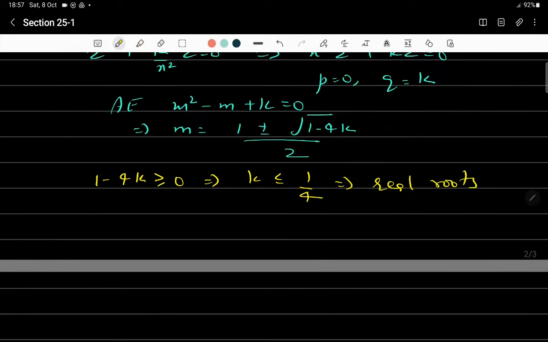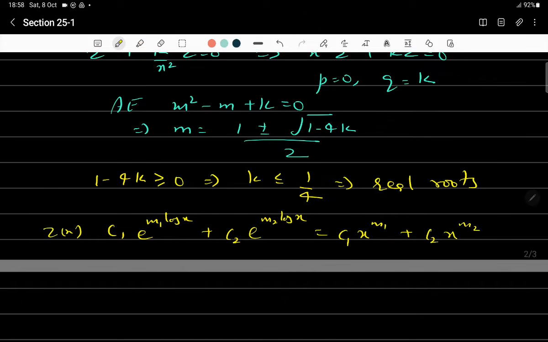So real roots are of the form, I am just calling the roots m1, m2, z(x) = c1 e^(m1 log x) + c2 e^(m2 log x), which is c1 x^m1 + c2 x^m2.